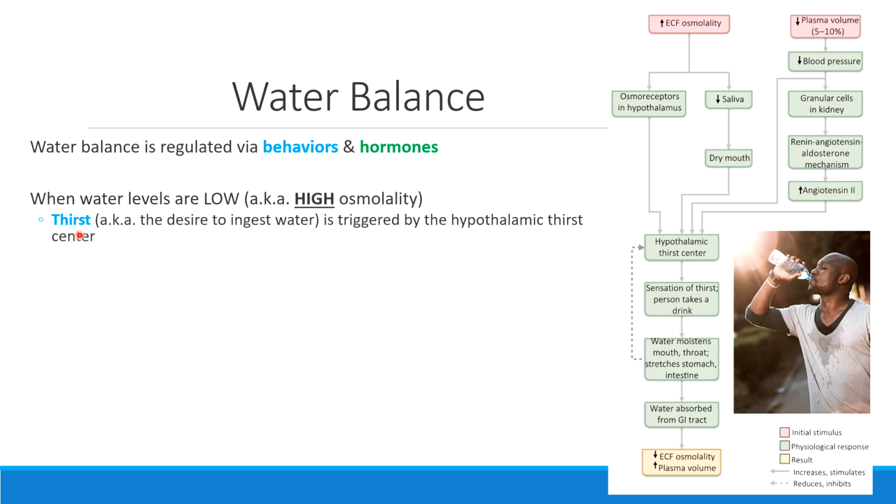The first thing that it's going to trigger is the thirst sensation. I want you to underline, highlight, star that the sensation of thirst comes from the hypothalamic thirst center. Your hypothalamus, that regulatory region in your brain, is going to activate that thirst sensation.